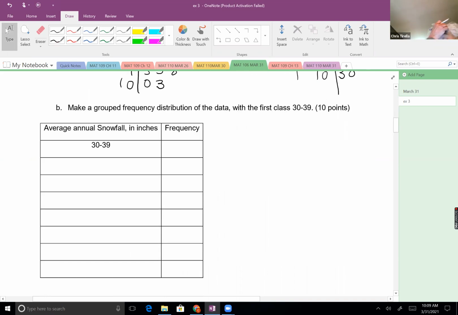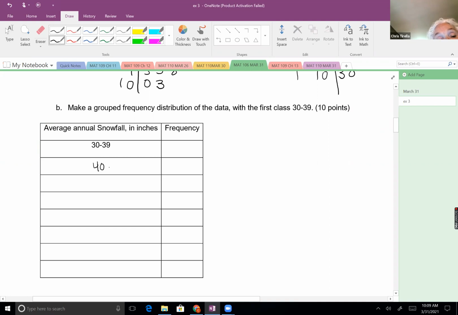Next, you're asked to make a group frequency distribution. I have to apologize. I can't remember in my labs if it's a group frequency distribution or just a frequency distribution. But let's go over how you would do this one by hand. Since it's grouped, this is 30 to 39.